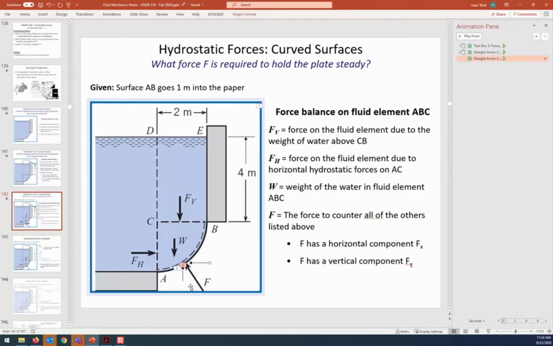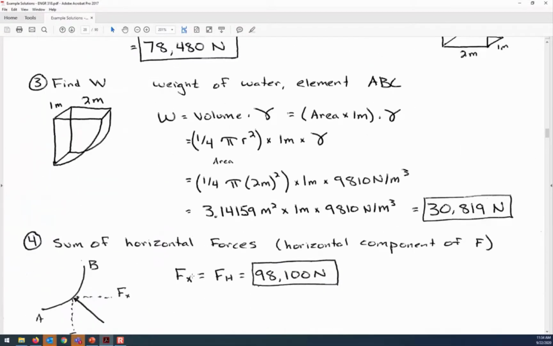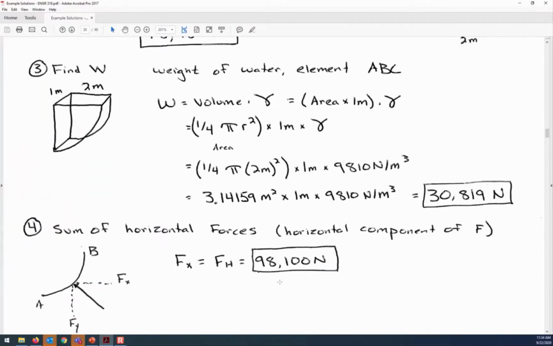Now the arrow is pushing to the left, and so that's already identifying the direction of the force. So as long as I have the direction defined with my sketch, then I don't need to say that Fx is negative 98.1 kilonewtons. That would be redundant.